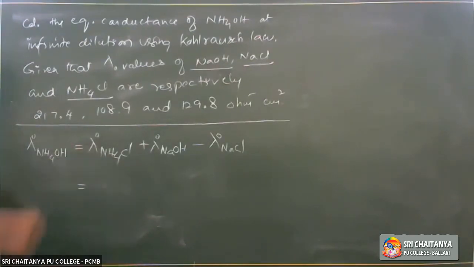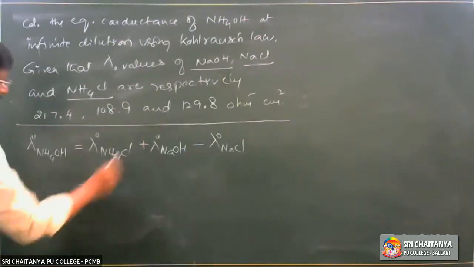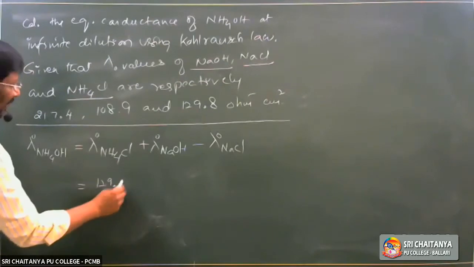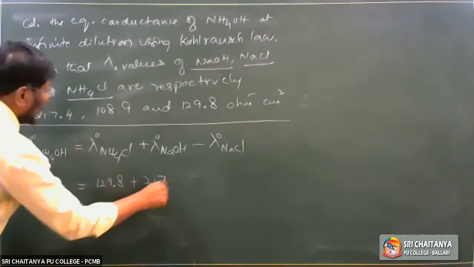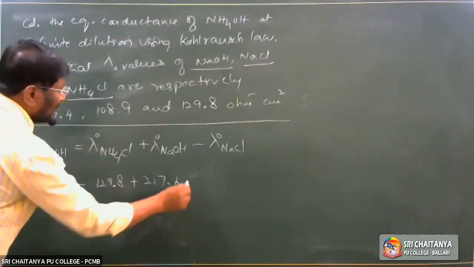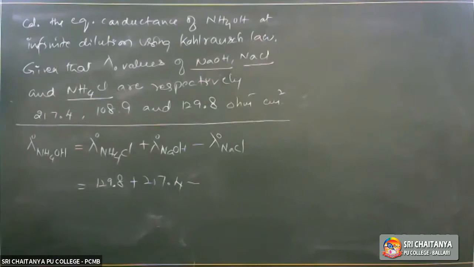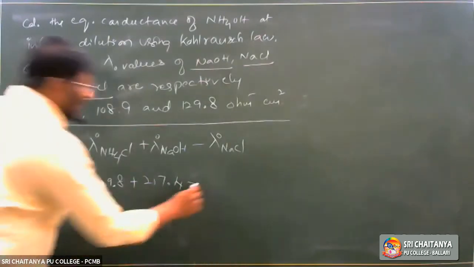Now NH4Cl, how much? The last one, 129.8, plus NaOH, the very first value, 217.4, minus NaCl, 108.9.